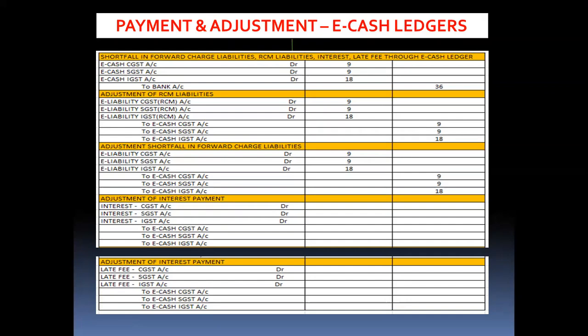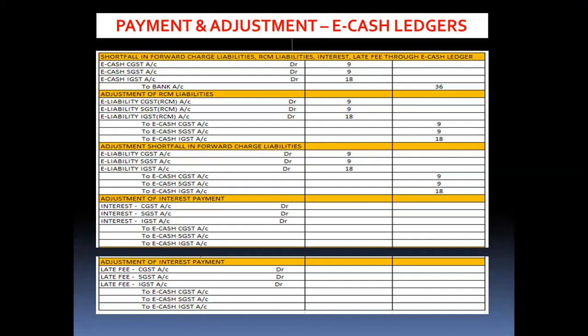Entry for the adjustment of shortfall in forward charge liability with balance in e-cash ledger. The entry would be e-liability CGST account debtor, e-liability SGST account debtor, e-liability IGST account debtor to e-cash CGST account, to e-cash SGST account, e-cash IGST account.